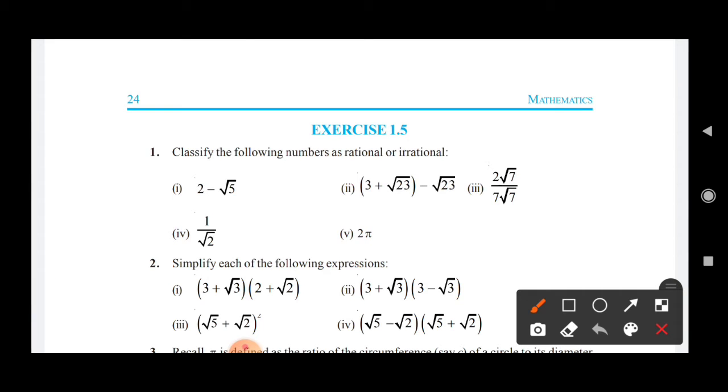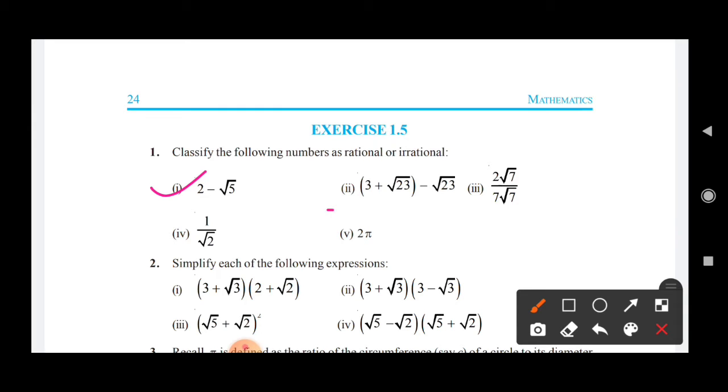In the discussion of this chapter, you have seen that when we subtract an irrational number from a rational number, the resultant number must be irrational. You can see here 2 is rational and root over 5 is irrational. So number 1 is irrational.